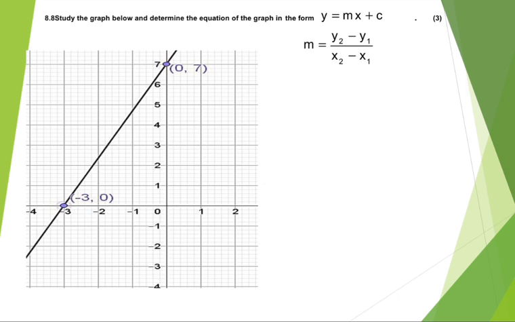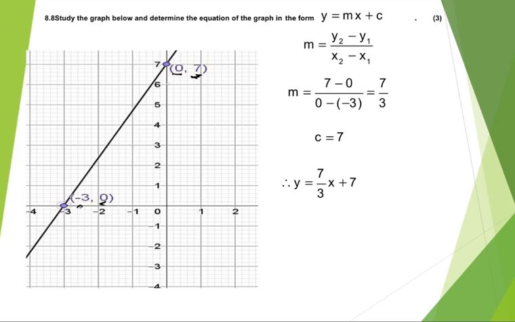So to get our gradient, m is equal to y2 minus y1 over x2 minus x1, which gives us 7 minus 0 for y2 and y1, then 0 minus negative 3 for x2 and x1, which gives us 7 over 3. And our c is our y-intercept, which is 7. So that means y is equal to 7 over 3 x plus 7.